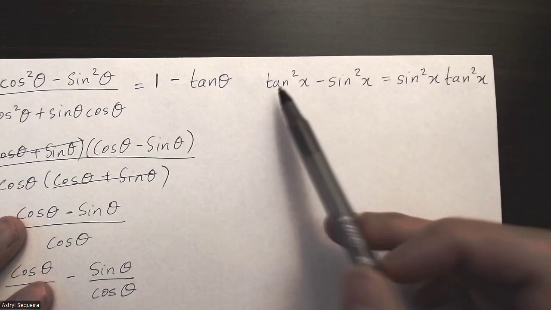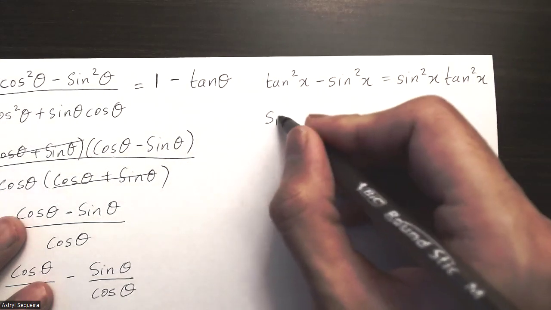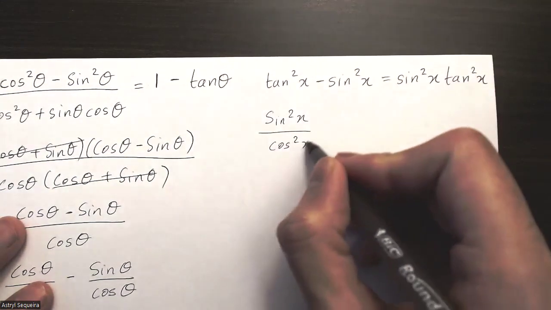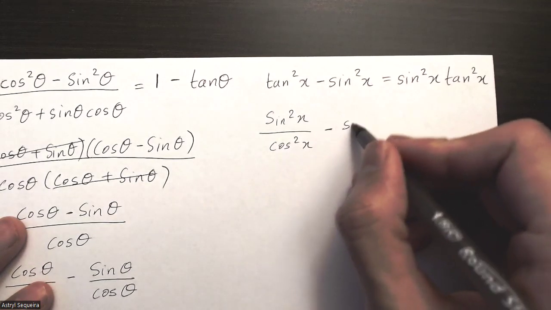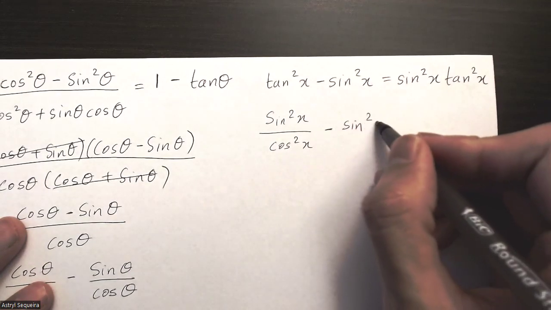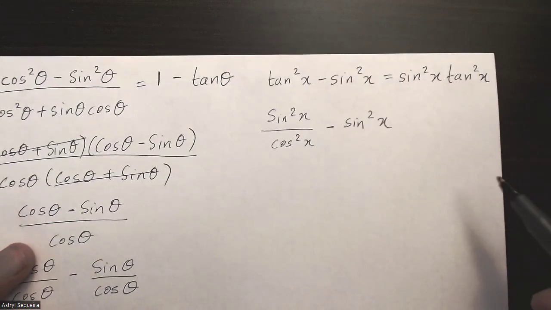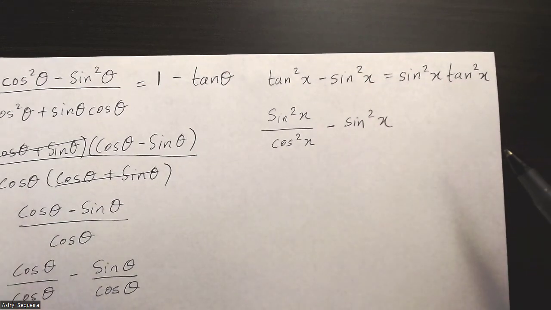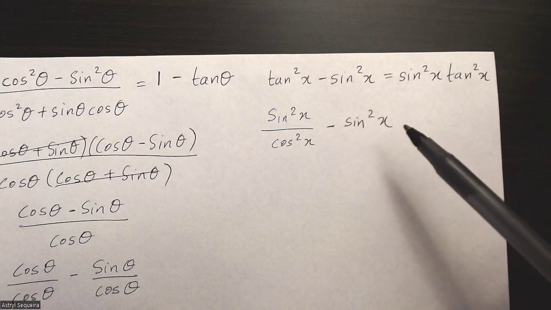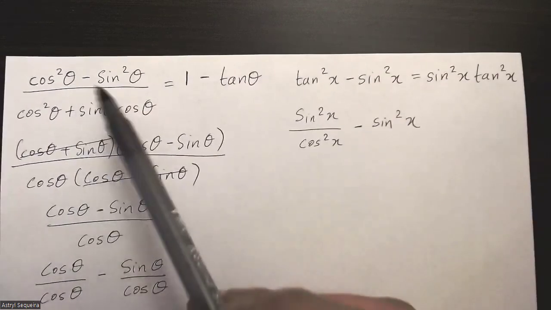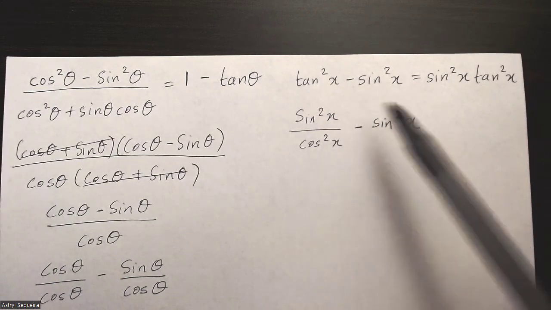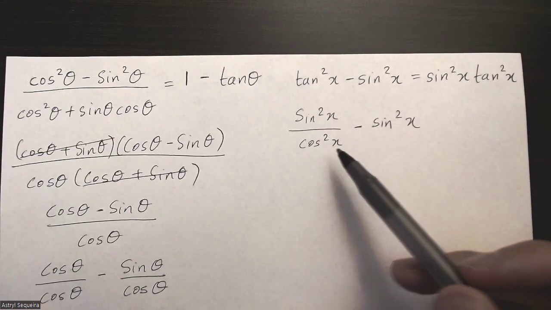So I'm going to convert this tan into sine square x over cos square x. Next, I'm going to make a common denominator. Two of the very common moves in these trig identities are either factoring or converting everything to sine and cos. So I'm going to make a common denominator here.